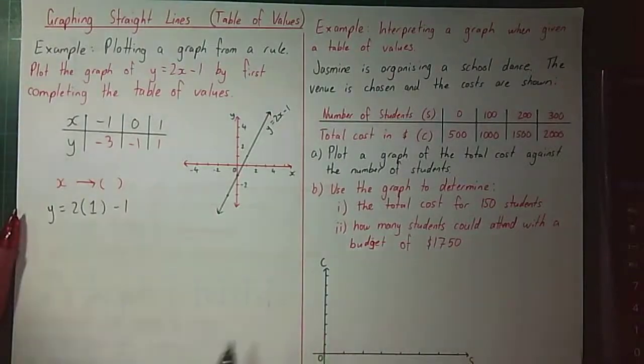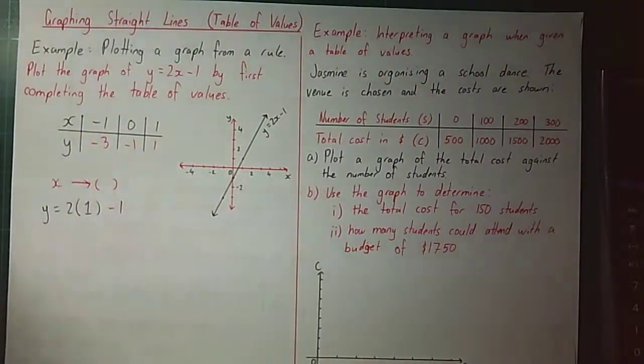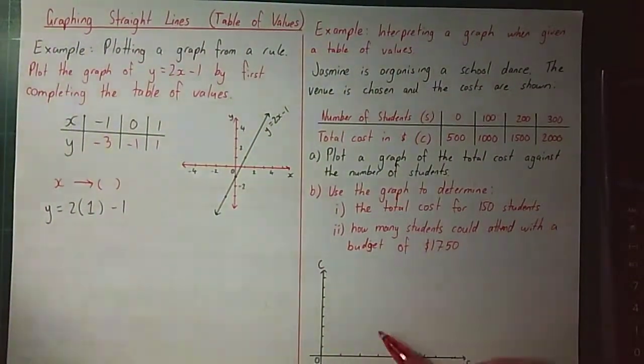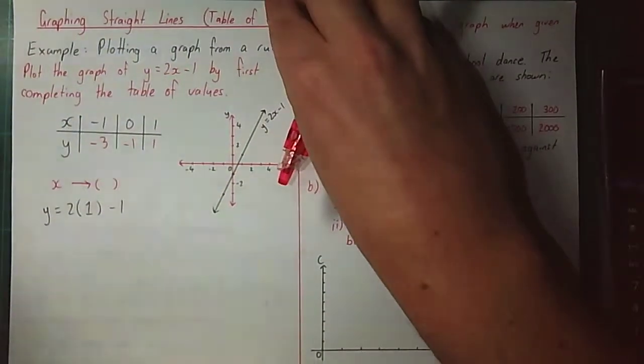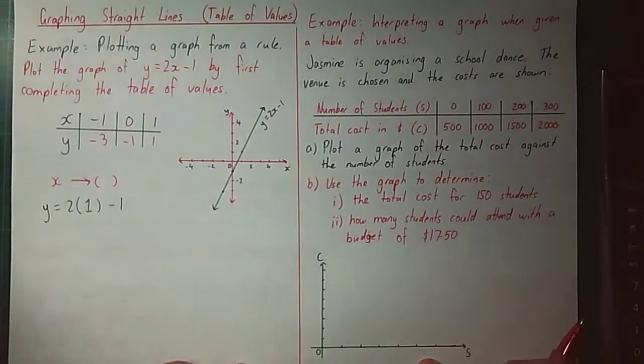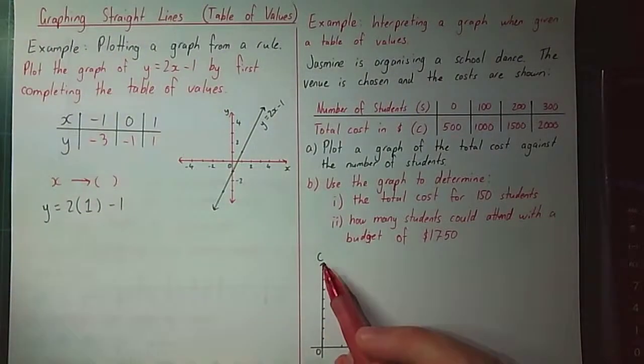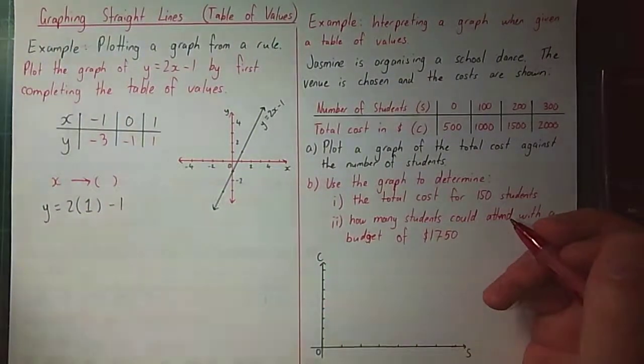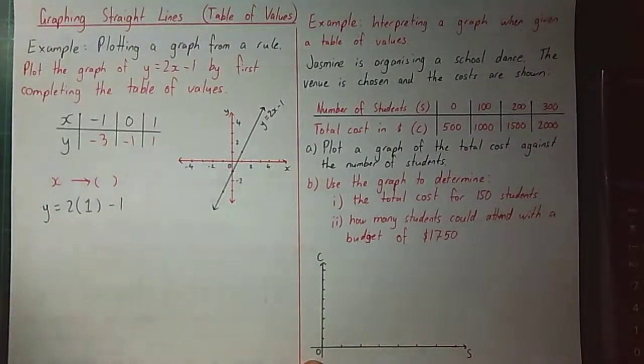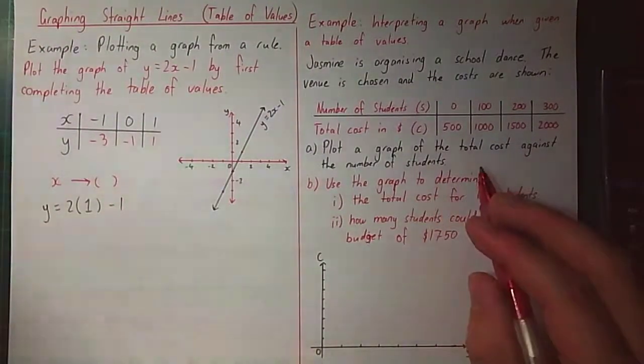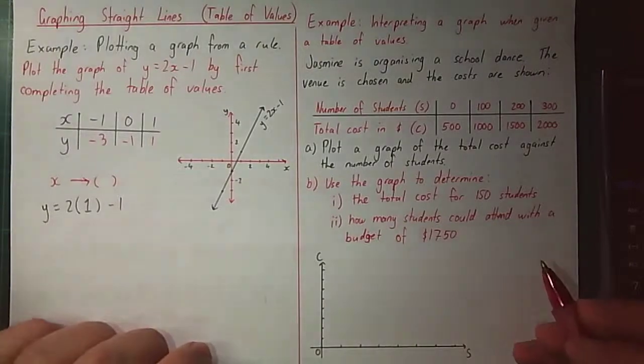Here we've got our graph. Now all I've done is just done the axes, just because I did a bit ahead of time just to make sure it was all nice and neat. Now our S is here, so that's the number of students, and we've got our C here, which is the cost. So I'm going to plot on these dots, I'm going to put numbers going up at the same rate.